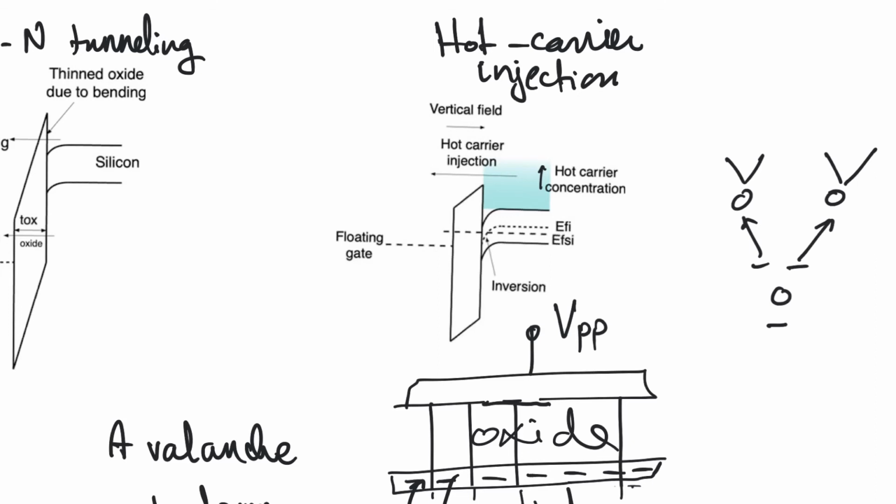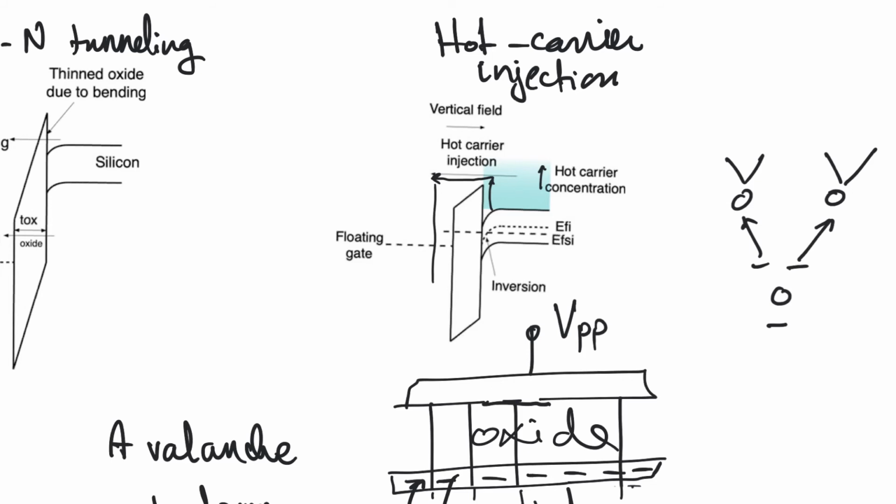They're so energetic that they gain enough energy to overcome the barrier imposed to them by the oxide. This barrier is a little bit over 3.5 electron volts, and if they get enough energy to overcome it, they can then flow through the oxide. If they flow through the oxide and go to the polysilicon floating gate, they will settle there.